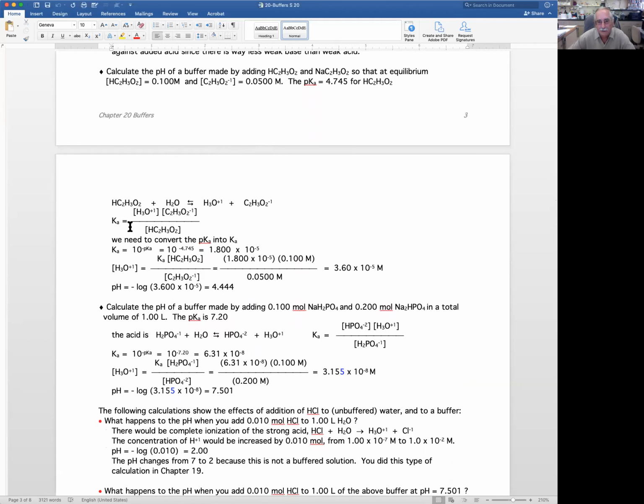And then in this case, they're giving me not the Ka, but the pKa. So I have to convert into the Ka, and now I have everything I need to plug into the expression. So the negative log of 3.6 times 10 to the minus fifth turns out to be 4.444.